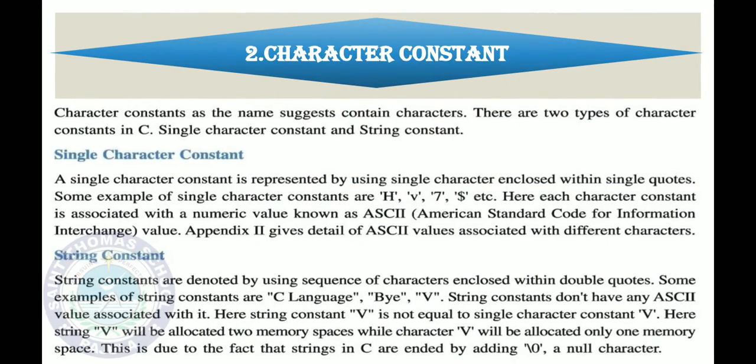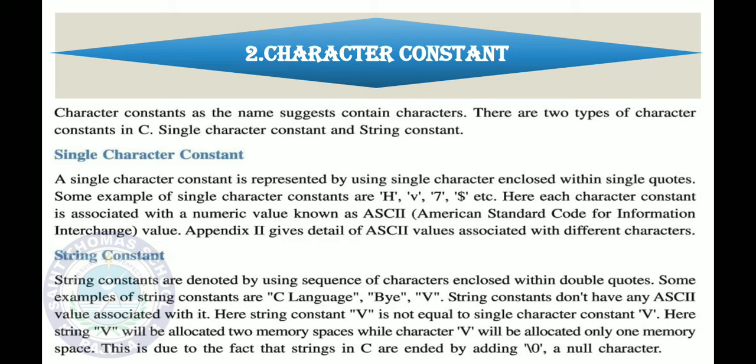Then next is the character constant. We have seen the character constant is divided into two parts, single character constant and string constant. A single character constant is represented by a single character enclosed within single quotes.